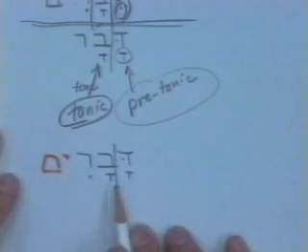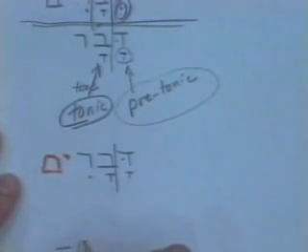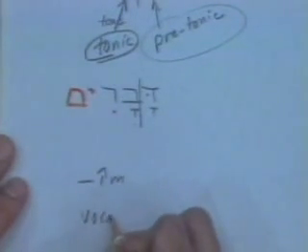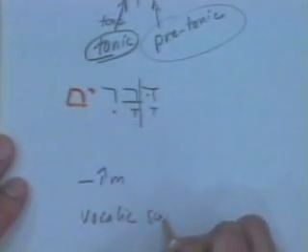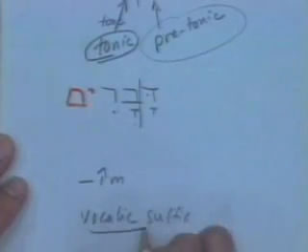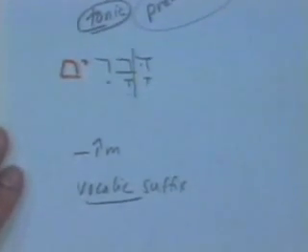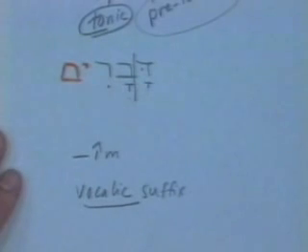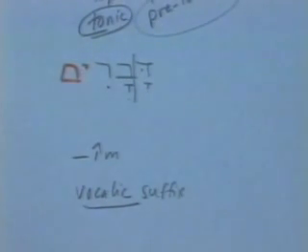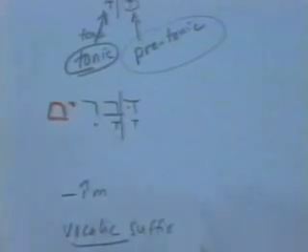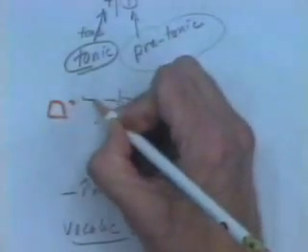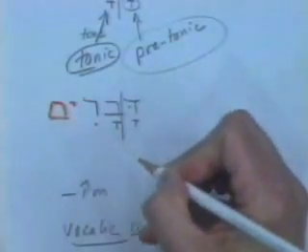But when we add an ending, the ending eem is called a vocalic suffix. This is another technical term that we'll use from time to time, because it's a suffix that begins with a vowel. There are 2 kinds of suffixes, vocalic suffixes and consonantal suffixes. When you add a vocalic suffix to a Hebrew word that ends in a consonant, what about the syllable division?